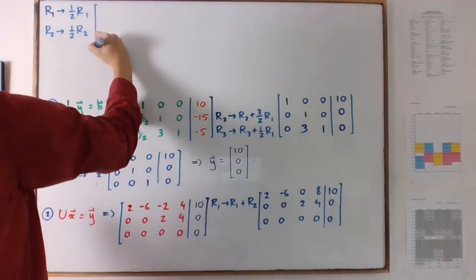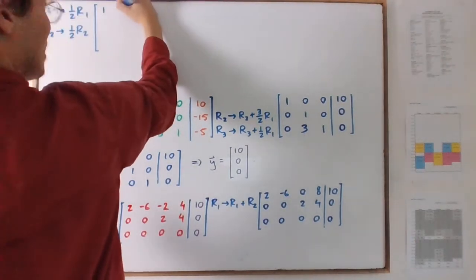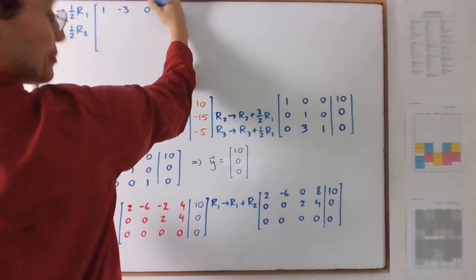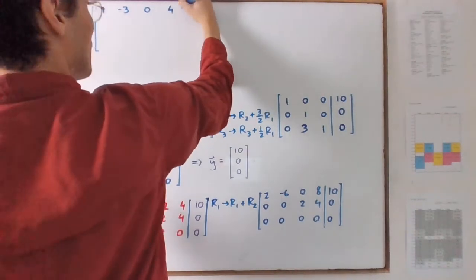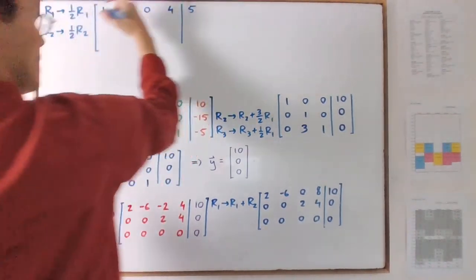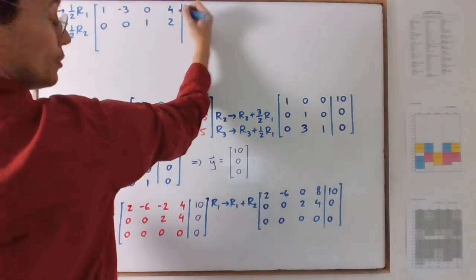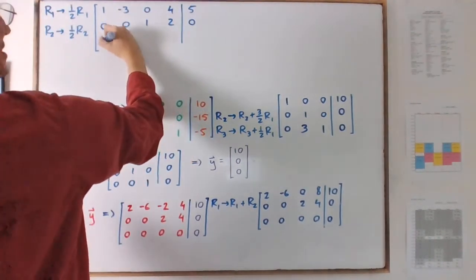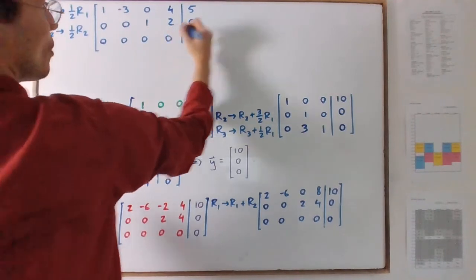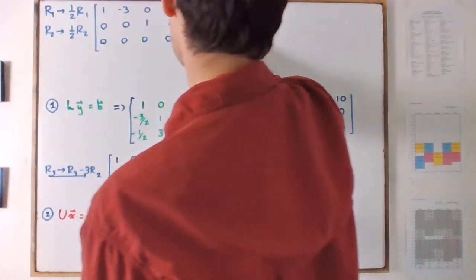So it gives us this matrix 1, -3, 0, 4, augmented with 5. So 0, 0, 1, 2, augmented with 0, and 0, 0, 0, 0, augmented with 0. Okay, so from there we're good.